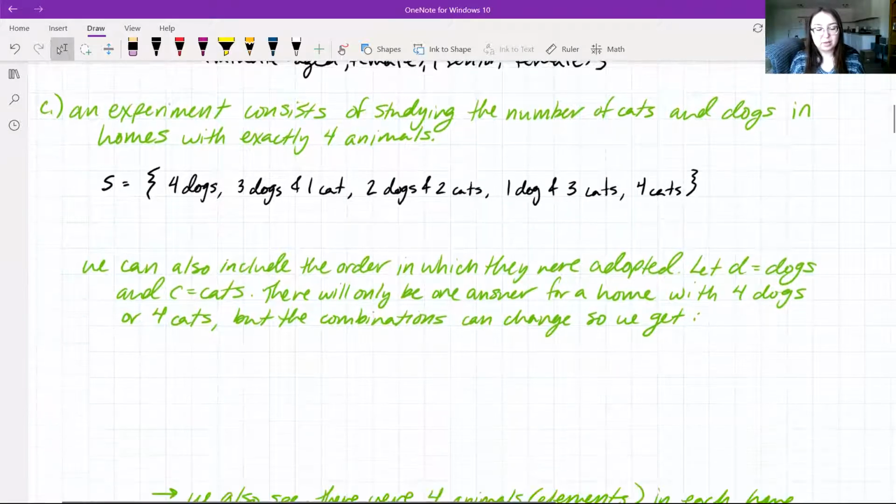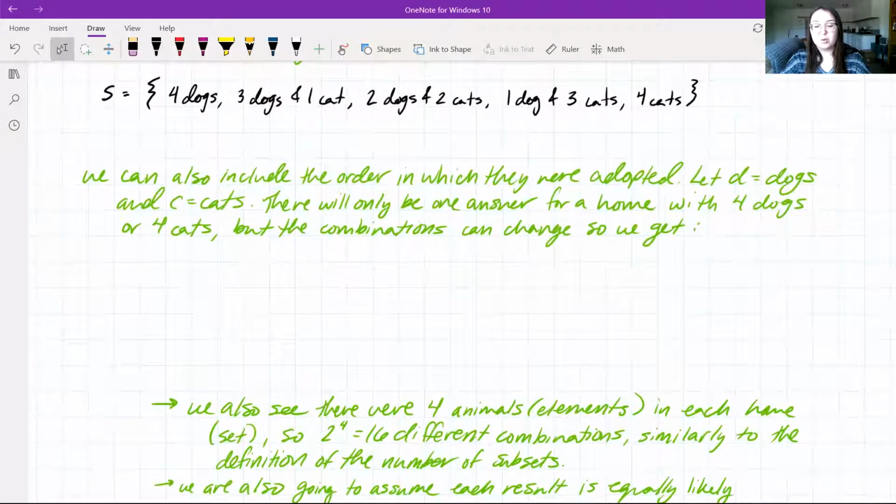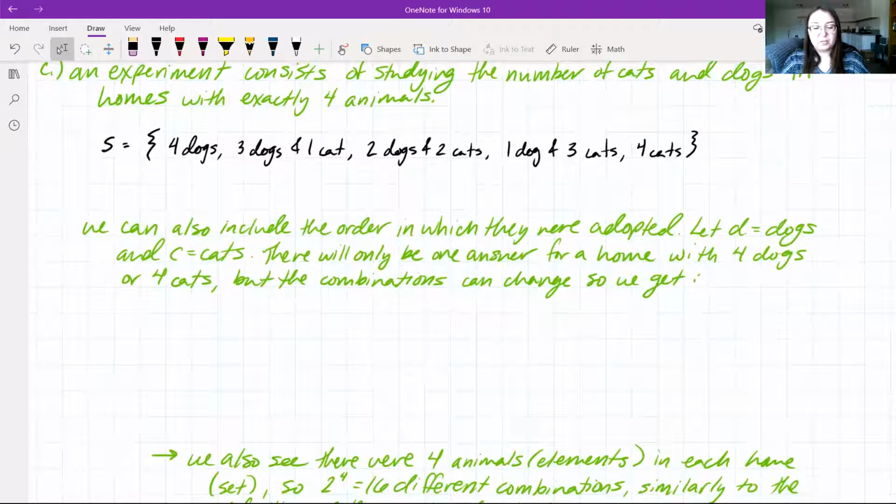But now we want to think about that we can also include the order in which they were adopted. So we can let D equal dogs and C equal cats. Then there's only going to be one answer for a home with 4 dogs and 4 cats, but the combinations are going to change. Because if we have 4 dogs or 4 cats, it's not really going to matter in the order that we adopted them, because it's just going to show up as dog, dog, dog, dog, or cat, cat, cat, cat.